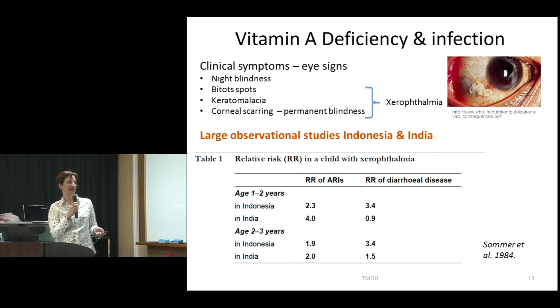And you could see that here the relative risk of ARIs was 2.3 in Indonesia, and for diarrhea 3.4 in Indonesia and 4 in India. It's a little bit unclear why diarrhea was lower in India. And a similar pattern at older age groups.